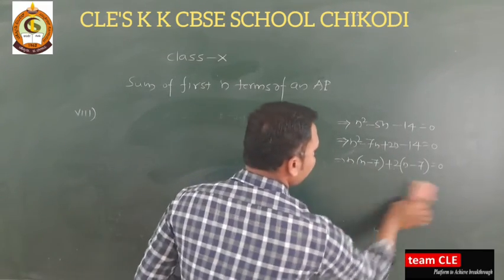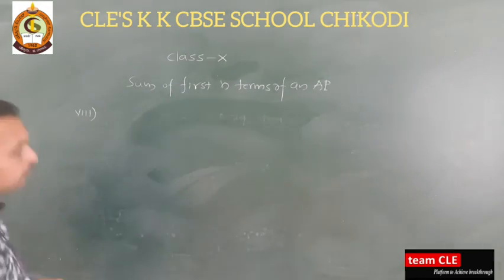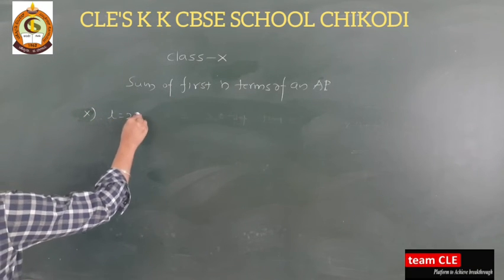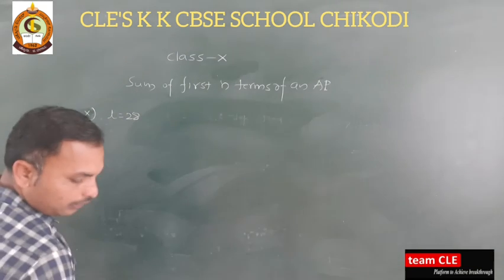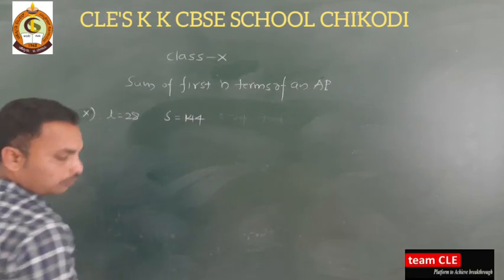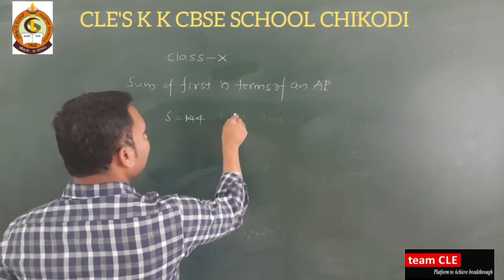So question number 10 I'll solve. Given L is equal to 28, S is equal to 144. There are total 9 terms.